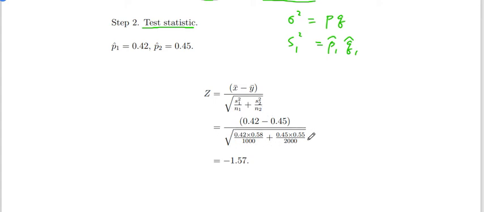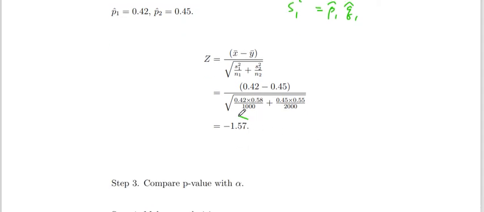After a little bit of calculation, I find this equals negative 1.57. Then we need to determine whether this is a big number or a small number, far away from 0 or close to 0. Compare 0 and negative 1.57: are these two numbers close? Not so close.